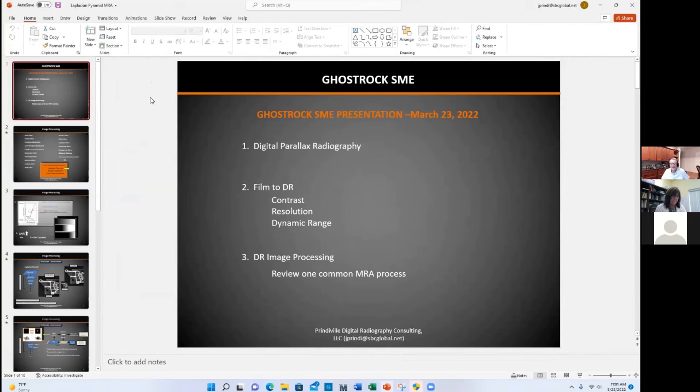I'd like you to tell us how the contrast to noise ratio for CR compares with DR. CR generally is accepted to be maybe an order of magnitude or better than film. However, DR is significantly higher than CR. And the reason is with DR, you can take additional images. You can average your images numerous times.